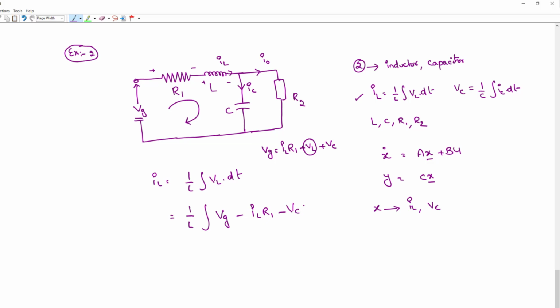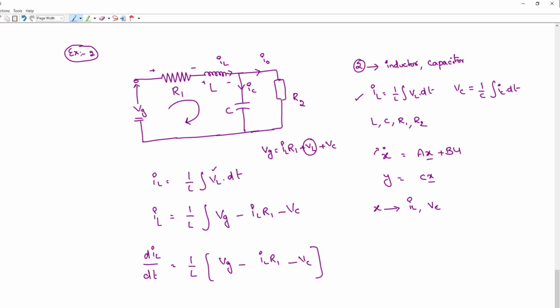We brought the unknown VL into known variables Vg, IL and VC. But in the state space, what we want is a derivative. So dIL by dt is equal to 1 by L, the integration goes out, Vg minus IL R1 minus VC.